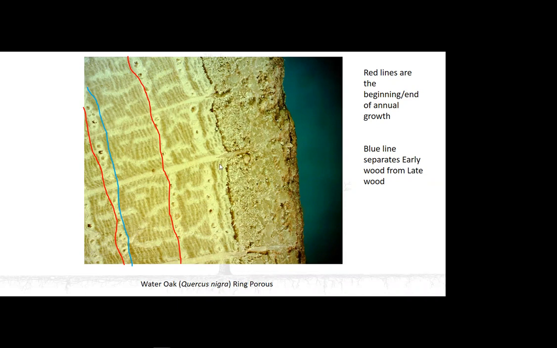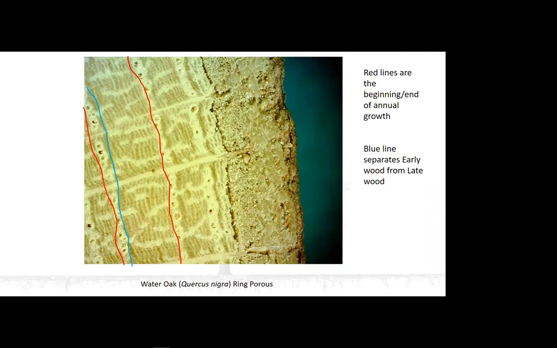All trees exhibit this pattern where they grow for a while and then they stop. And at the end of the growing season, just inside this line of large vessels is a specialized tissue that's put down at the end of the growing season by the cambium.